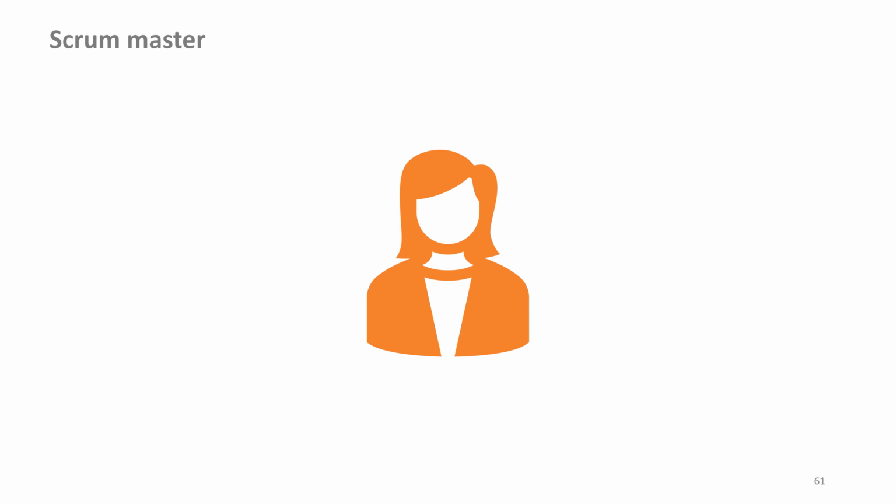In this way, the classic leadership role, as found in classic environments, is divided up. In the Agile environment, this is called the balance of power.